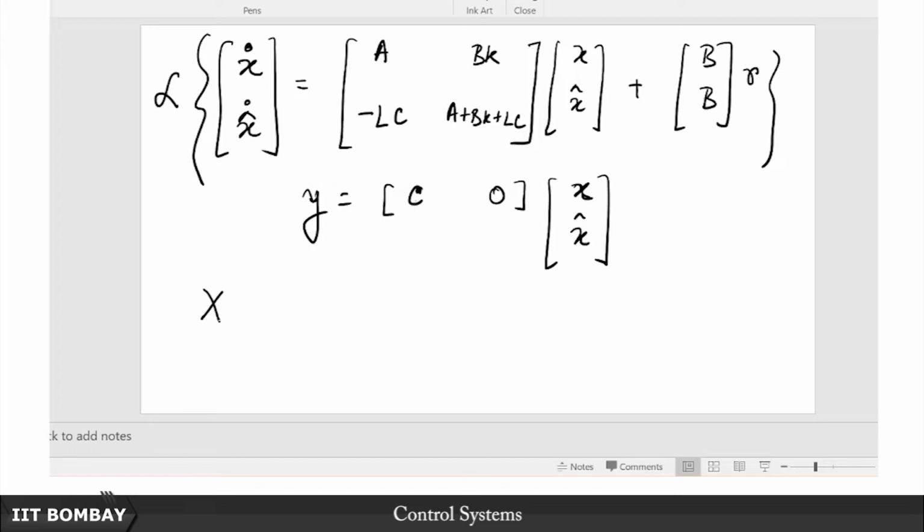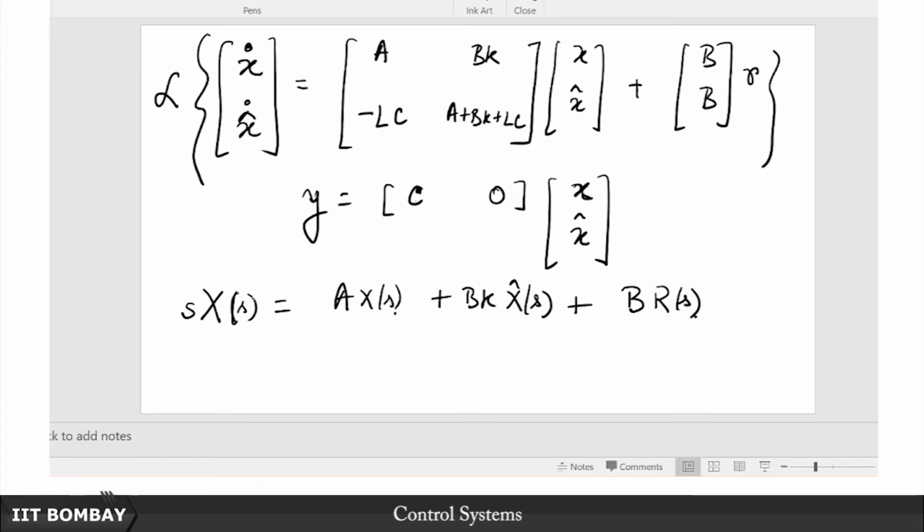As we do usually with Laplace transformed variables, we indicate them by capital letters. So then we have s times X(s) equal to A X(s) plus BK X hat(s) plus B R(s).